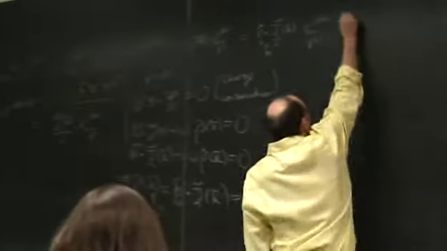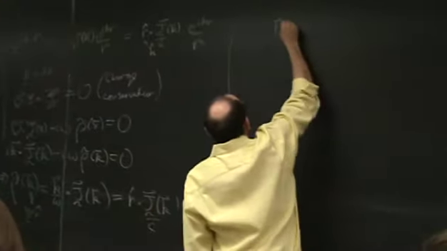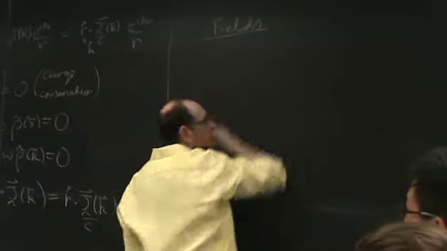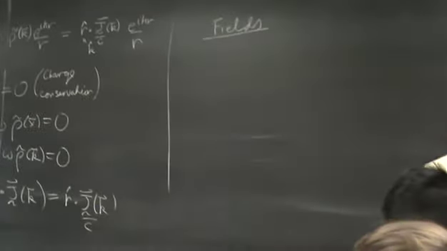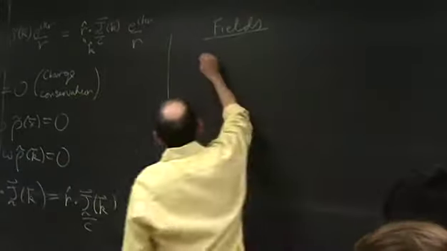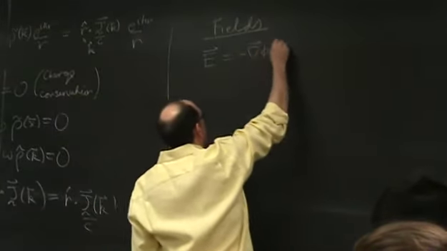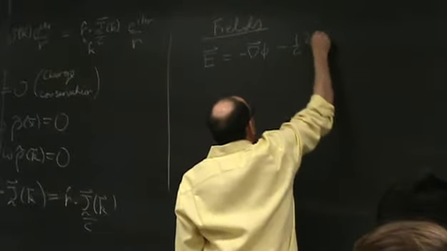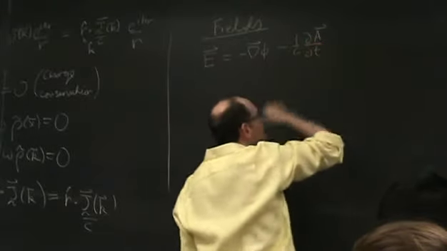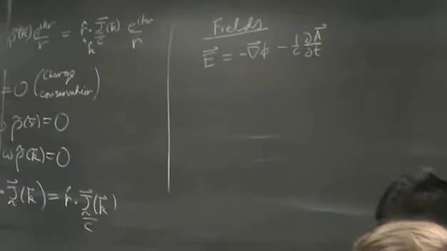Now we're looking for the fields. So the fields, E is minus the gradient of phi minus 1 over c dA dt. Okay?